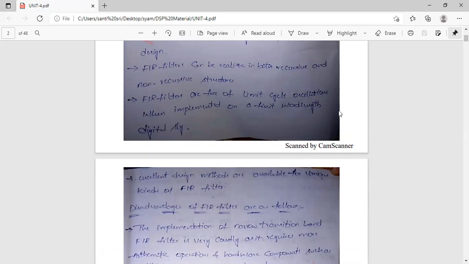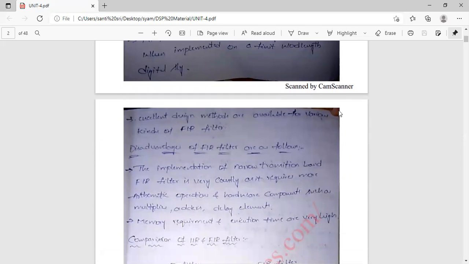Coming to the disadvantages of FIR filters: the implementation of a narrow transmission band FIR filter is very costly, as it requires more arithmetic operations and hardware components such as multipliers, adders and delay elements.